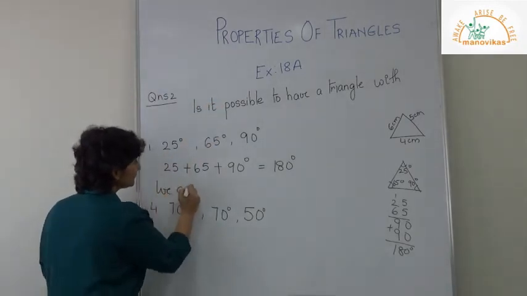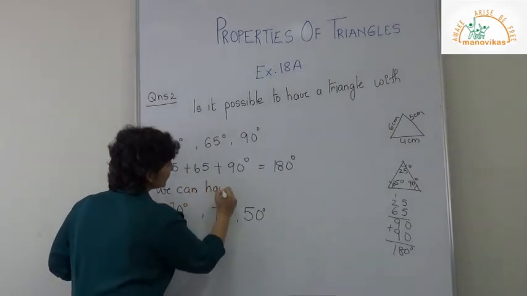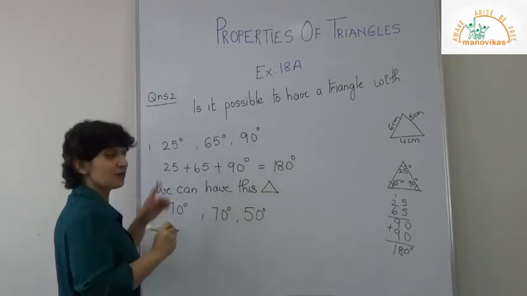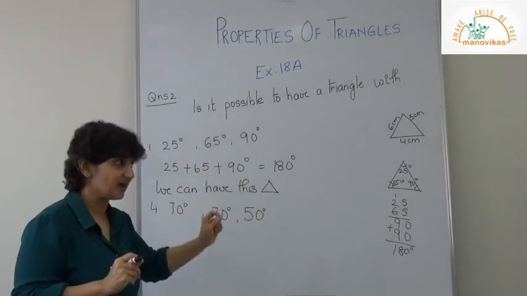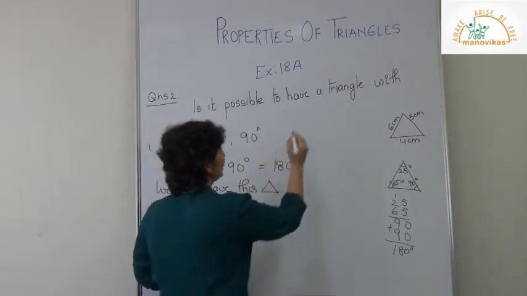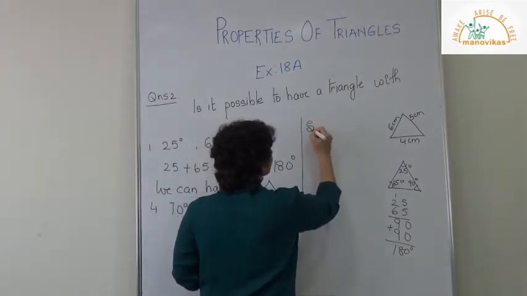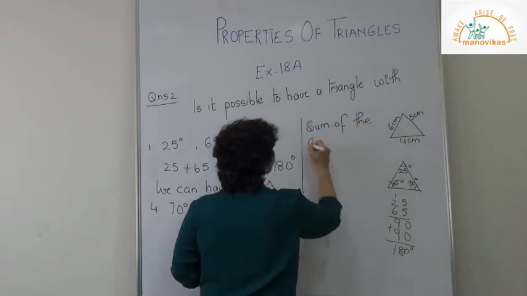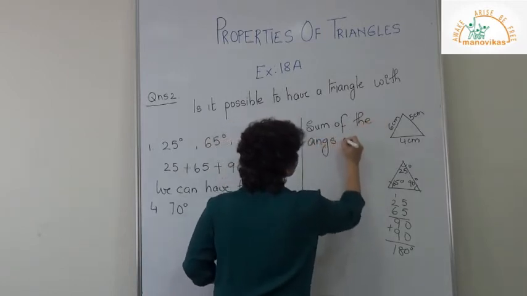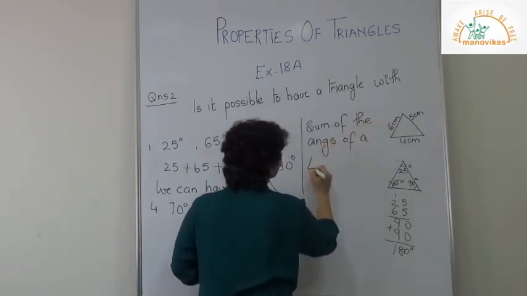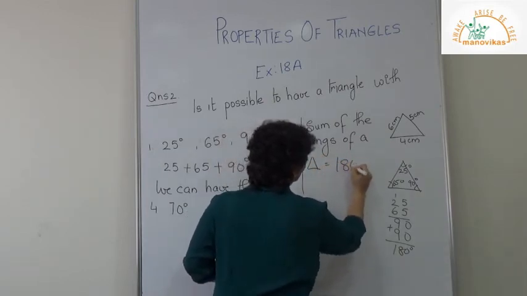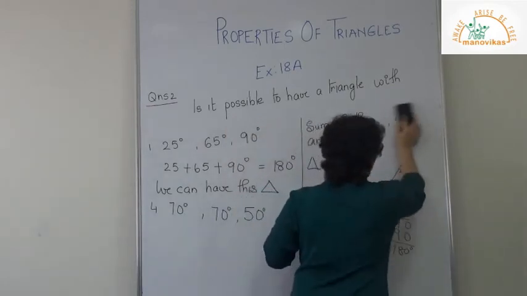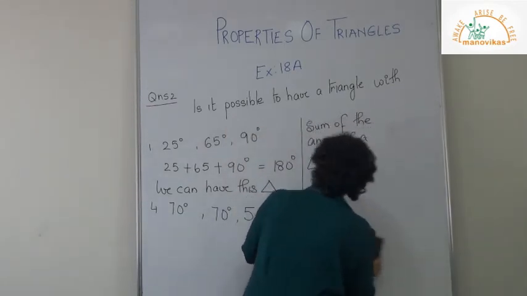Why? Because the sum of the angles of a triangle is equal to 180 degrees. Correct? Now let's move on to the next step.